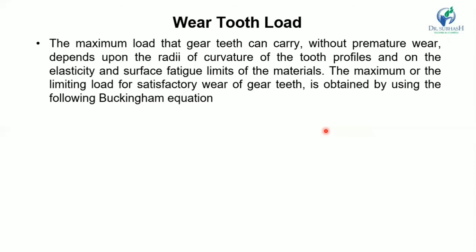So the maximum or the limiting load for the satisfactory wear of gear teeth is obtained by using the Buckingham equation, and that Buckingham equation is Ww is equal to dP into B into Q into K upon cos² alpha. Earlier in case of the spur gear, we were using this equation only as dP into B into Q into K. But here one term, the helix angle, is introduced. So the equation becomes Ww is equal to dP into B into Q into K upon cos² alpha.